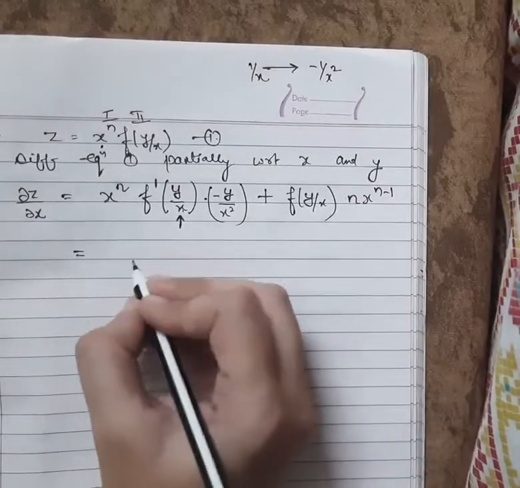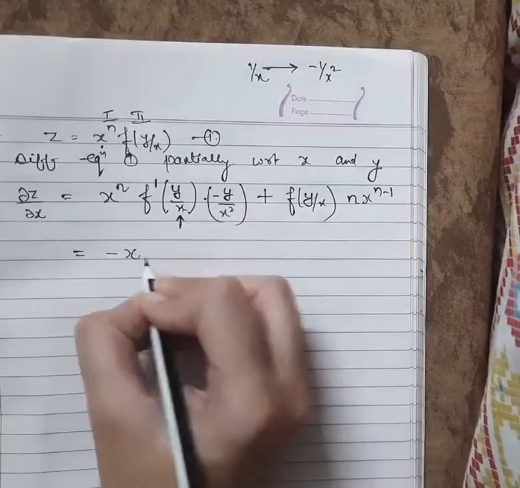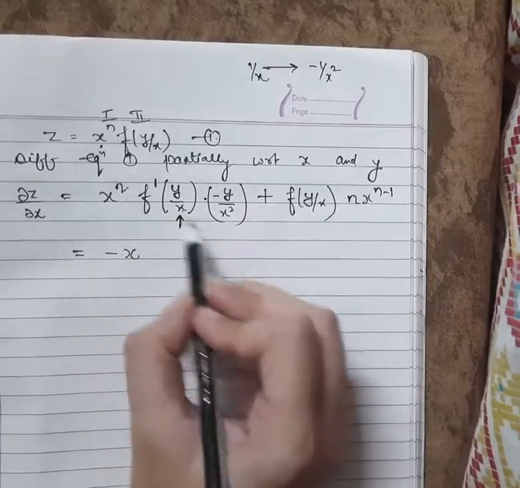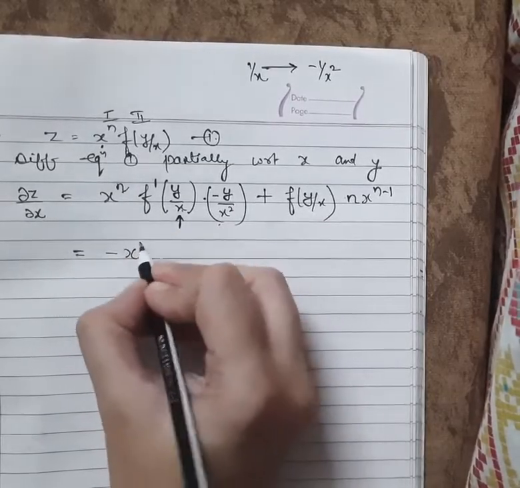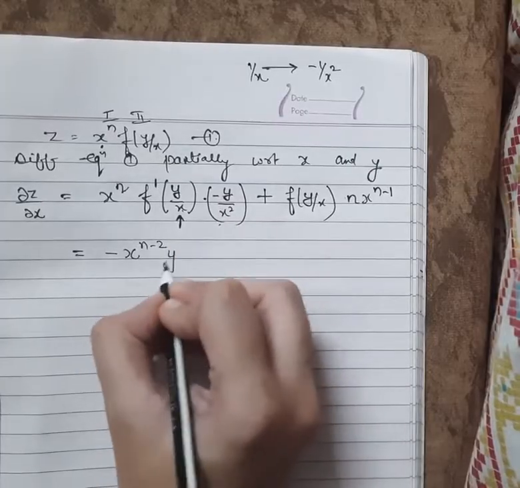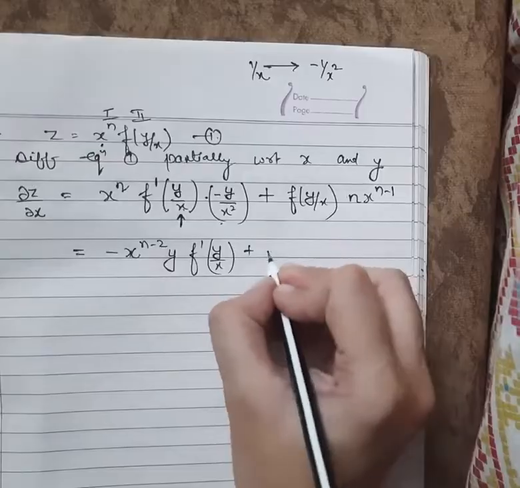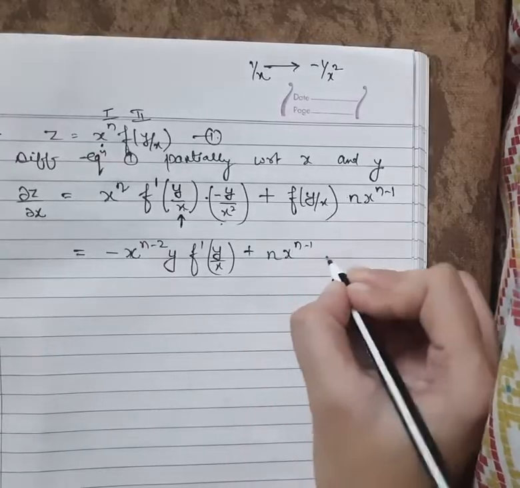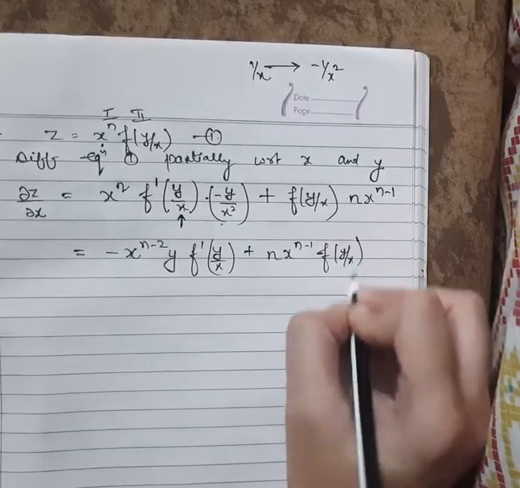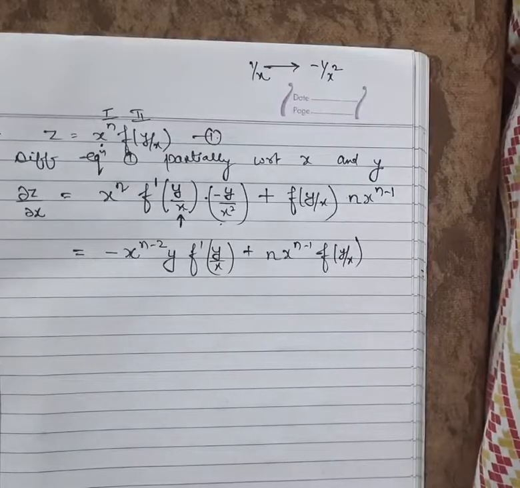Now the first term can be written like minus x raised to power n, and in denominator it's 2, n minus 2, then y f dash y upon x plus n. I am just reordering the terms, x raised to n minus 1 f of y by x.